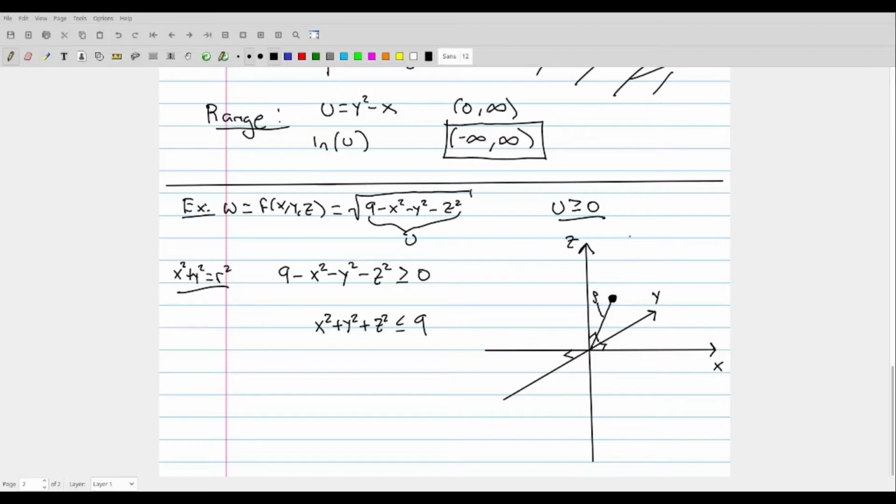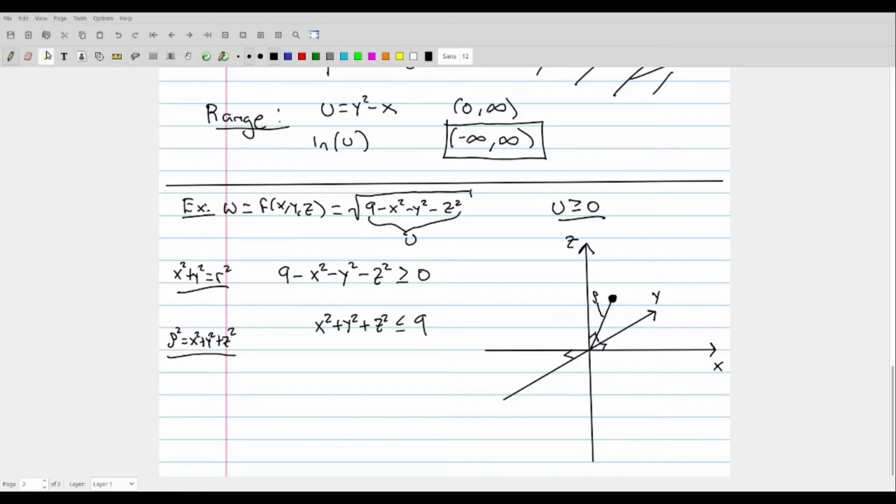And if the point is at x, y, z, then the distance out to that point, or rho squared, is equal to x squared plus y squared plus z squared. This is our general formula for relating the radius of a sphere to the actual coordinates of the points x, y, and z.